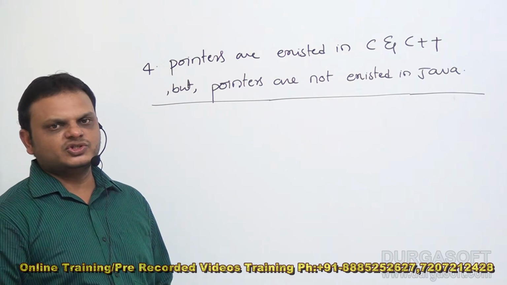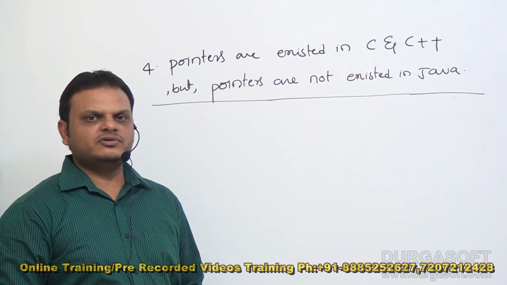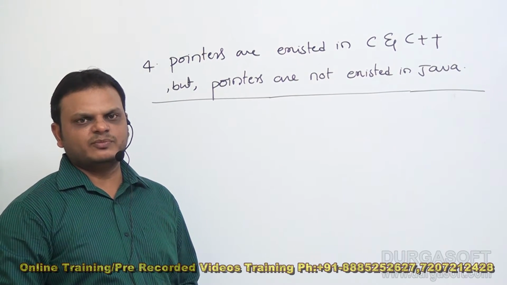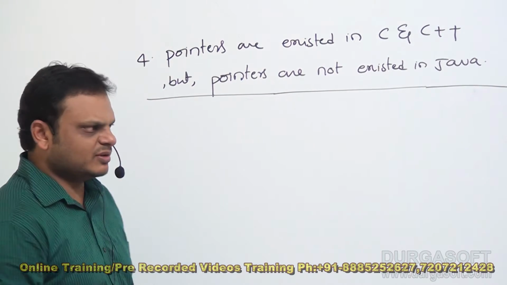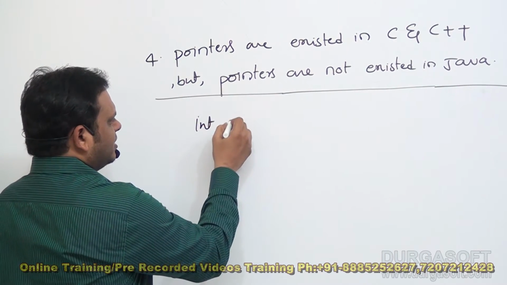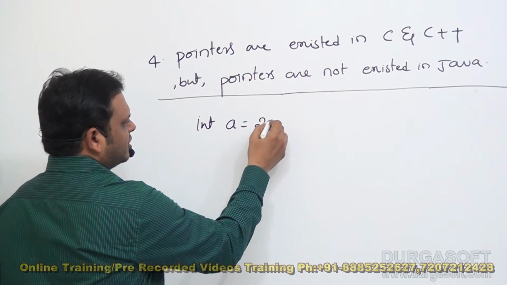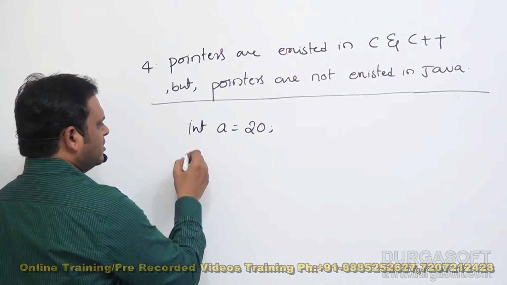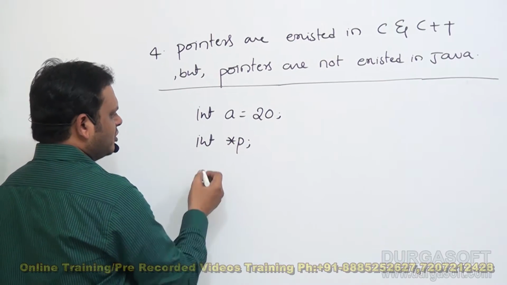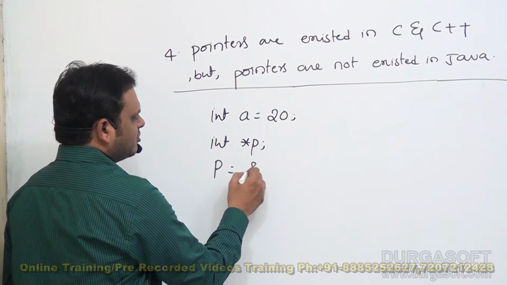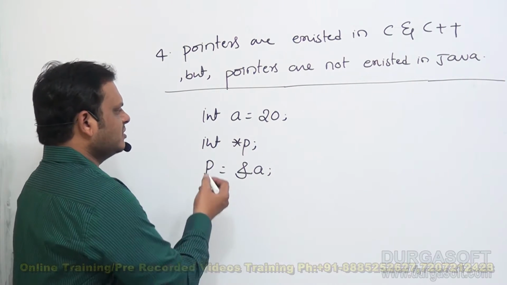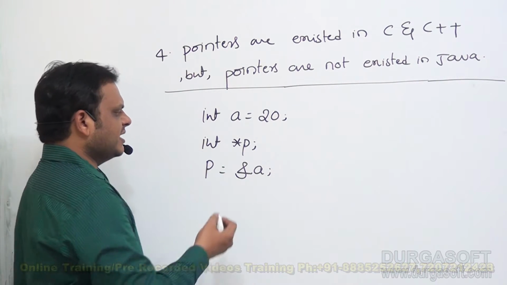As per the nature of pointers, pointer variables are recognized and initialized at the time of compilation. For example, in C programming: int a = 20; int *p; p = &a; This is a pointer variable declaration and initialization.